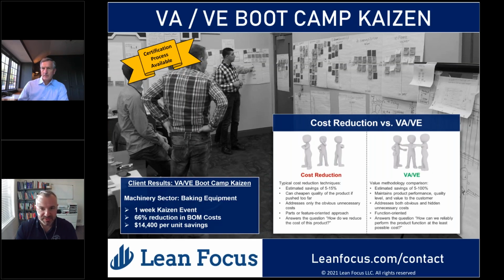In terms of a next step, one of the things that we can help you with is the planning, execution, and sustainment of one of these bootcamp Kaizen events. What you're seeing here is a picture of the walls during one of these Kaizen events, and this particular one was in the food equipment industry. A 1 week Kaizen reduced the bill of material cost 66%, which is a per unit savings of around $14,000.